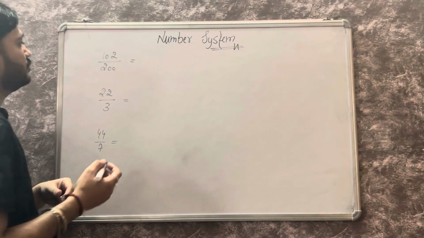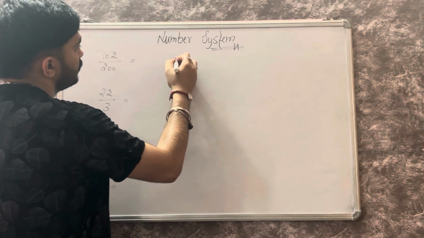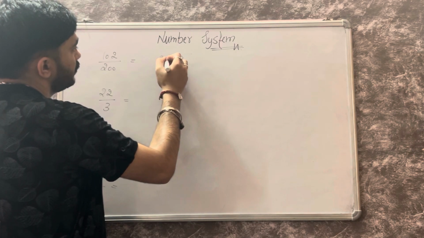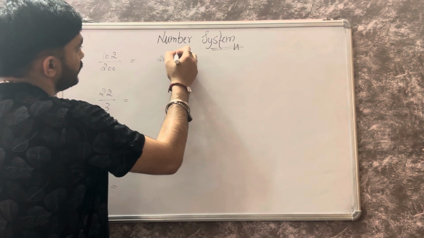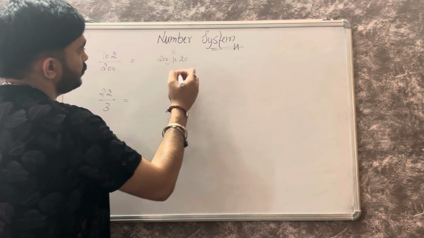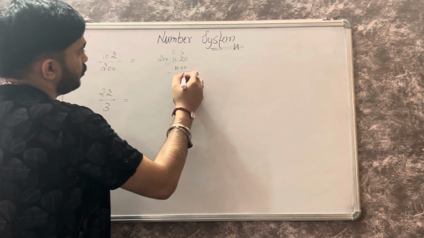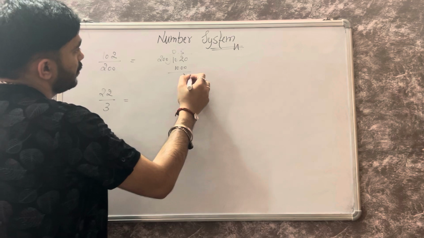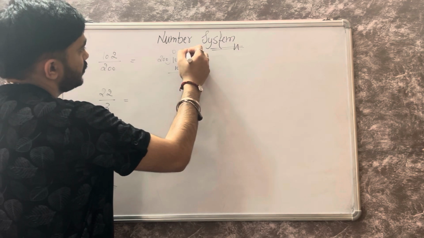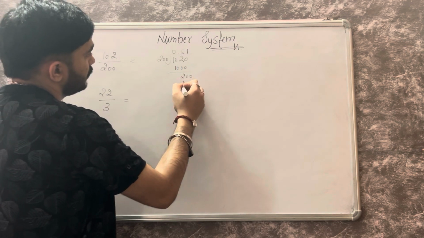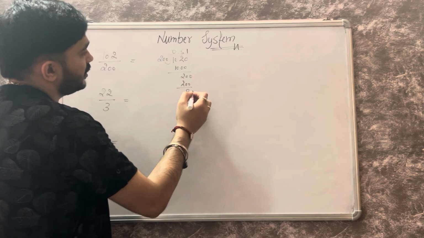After dividing 102 by 200, we will have 0.51, and you will get the remainder 0.